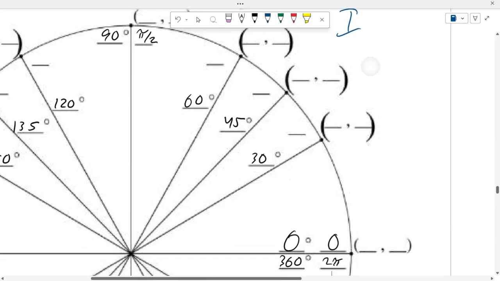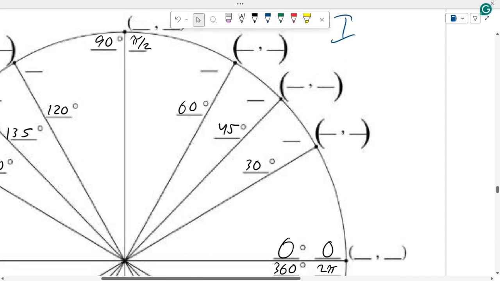In the first quadrant, I'm going to start with the angle that's in the middle, which we know to be 45 degrees. Notice that it's directly between 0 radians and pi over 2 radians. It's half of pi over 2. Just like 45 is half of 90, in radians it's half of pi over 2.